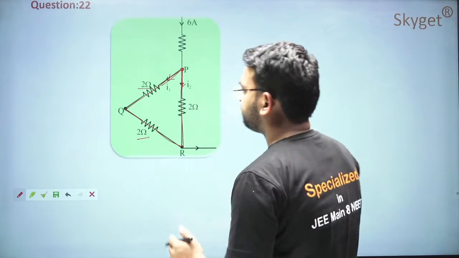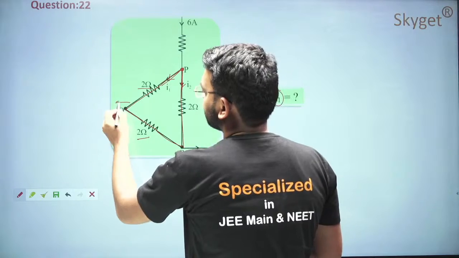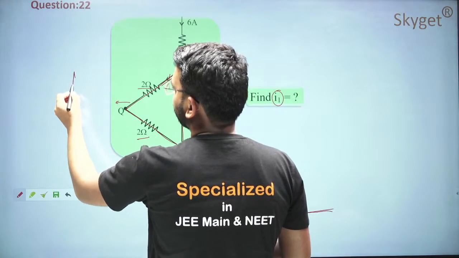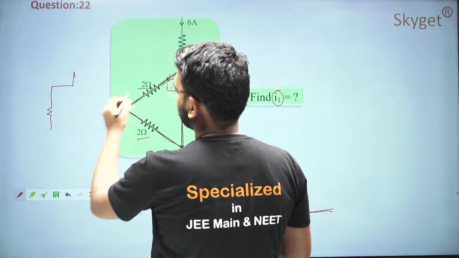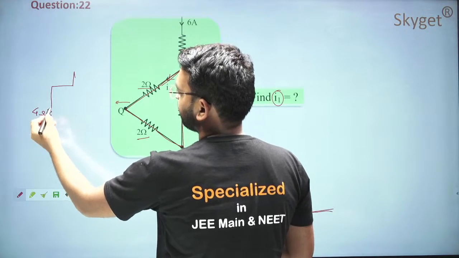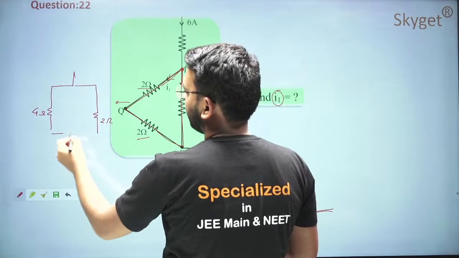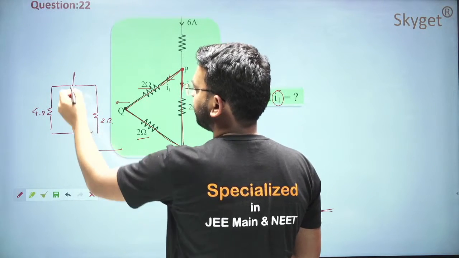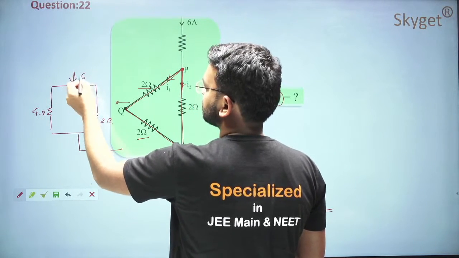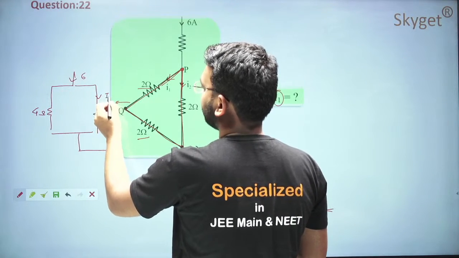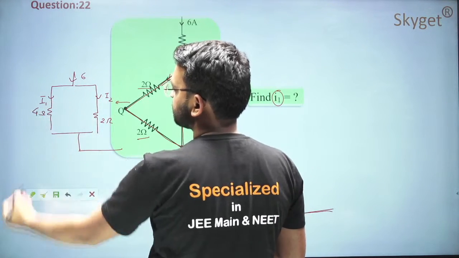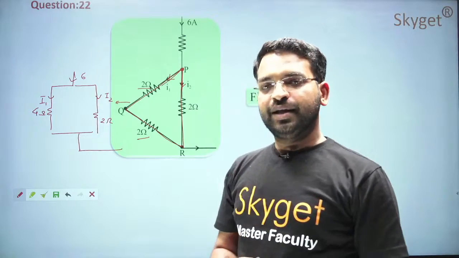So in place of this, I can draw a circuit like this. Since these two are in series, I will have 4 ohm, and again this 2 ohm, and the current coming in will be 6. Over here we have I2, and this is I1. This is how you can rearrange the circuit.